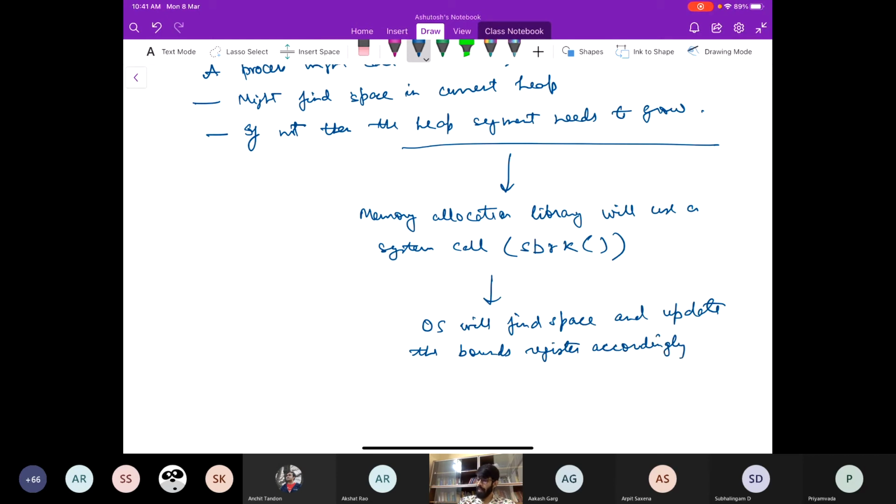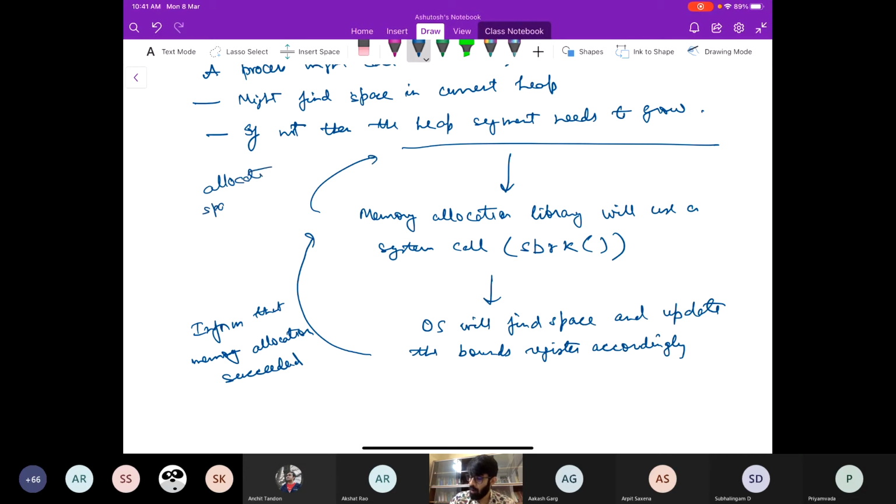Then it will inform the memory allocator that it succeeded, and then the memory allocator will allocate space for the object for which the space was asked.